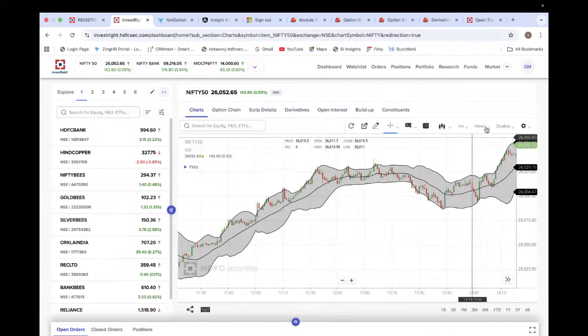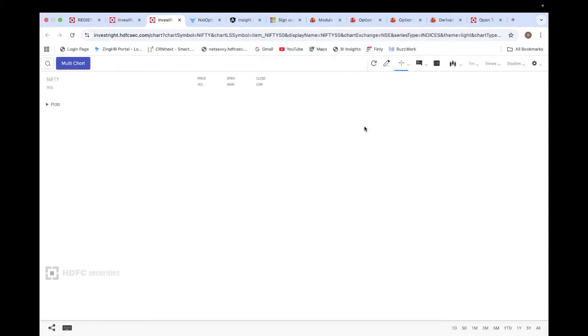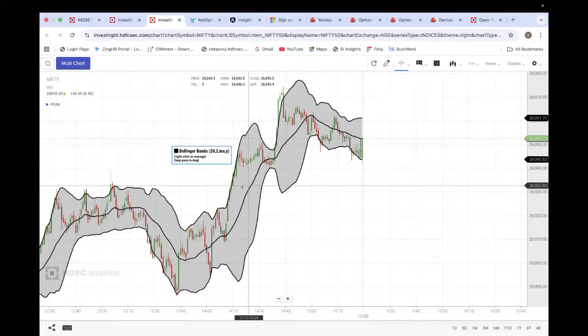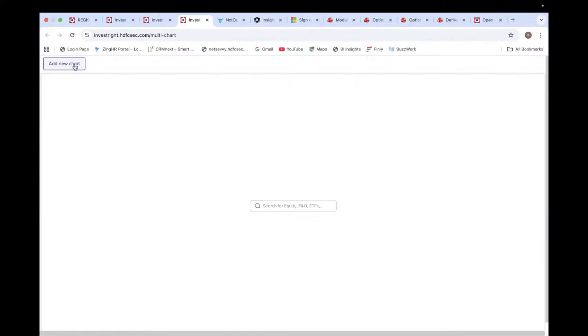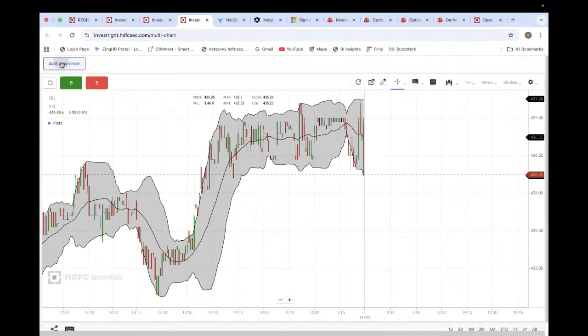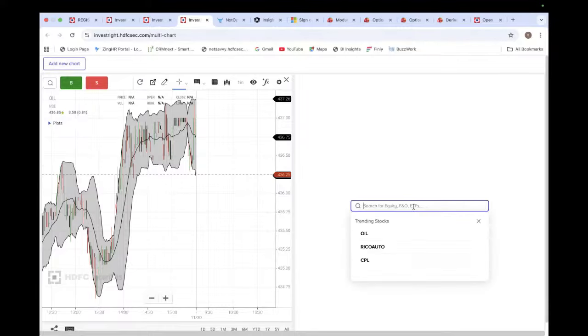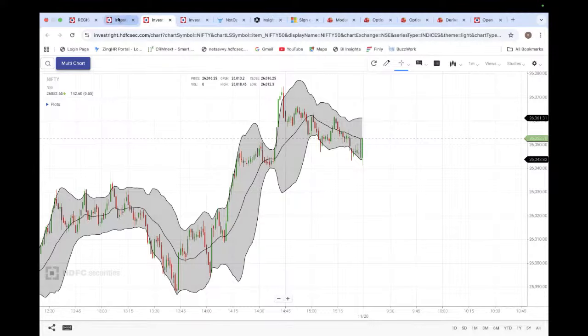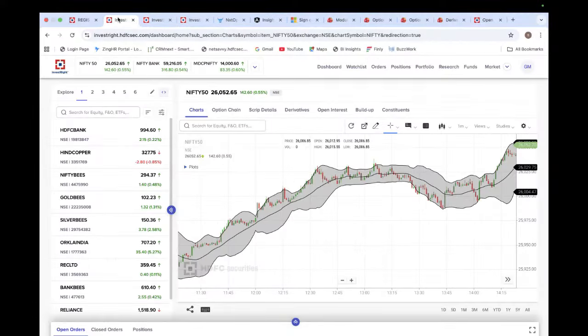Here you can also set multiple charts. If you click over here, it will open as a full screen chart, and for multi-chart you have to click, where you can add multiple stocks at one point of time. If I click on add new chart, here I can add another contract. So this is how we can use the multiple layout chart system over here on InvestRight.